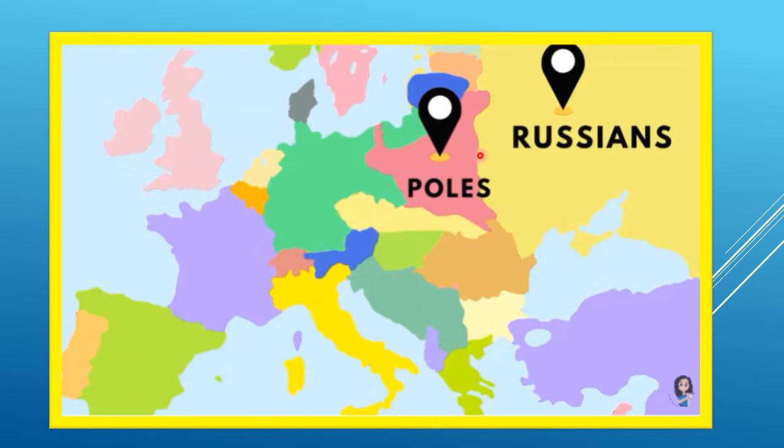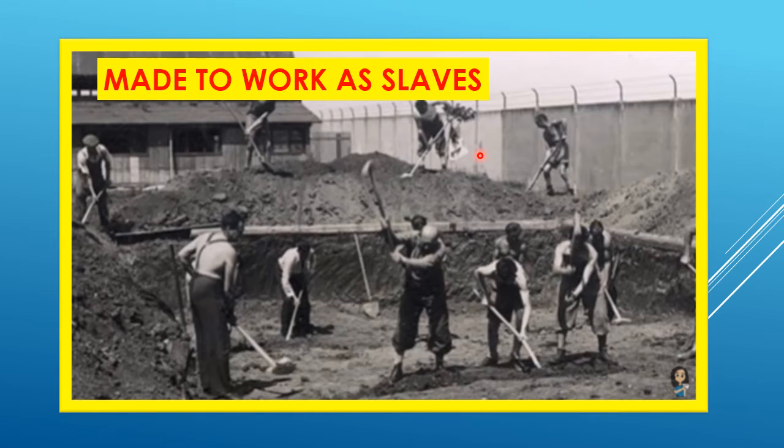Even the Poles and the Russians were considered subhuman and were killed. When Germany occupied Poland and parts of Russia, they captured the civilians and forced them to work as slave labor, and many died due to hard work and starvation.